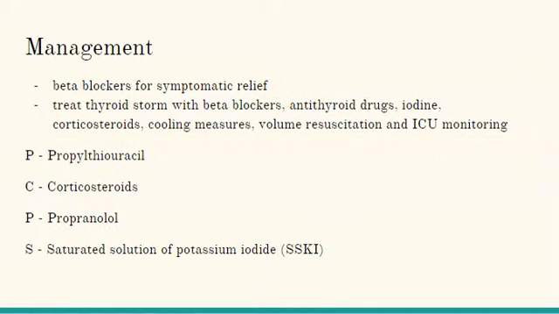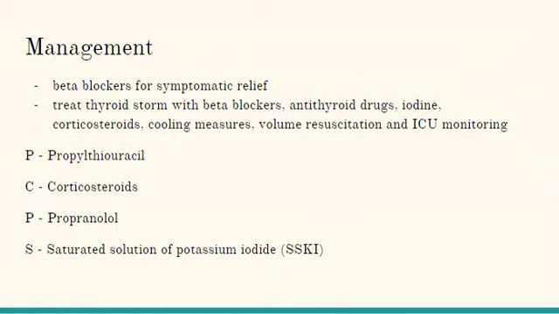And then C is corticosteroids. It can help with patients with adrenal insufficiency and prevent the conversion from T4 to T3, which is a lot more potent than T4. P is for beta blockers like propranolol. Propranolol was chosen because it can actually help prevent the conversion of T4 to T3 peripherally as well.